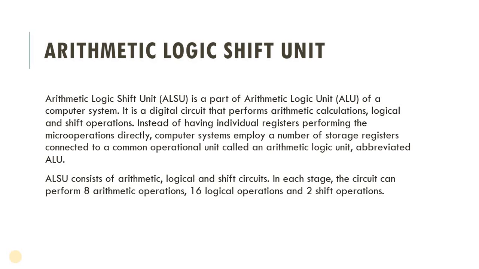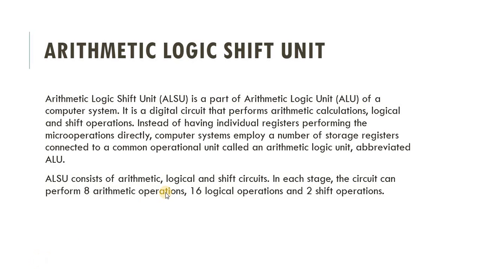The ALSU consists of arithmetic, logical and shift circuits. In each stage, the circuit can perform 8 arithmetic operations, 16 logical operations and 2 shift operations. So this number of operations we can perform by using the arithmetic logic shift unit circuit.